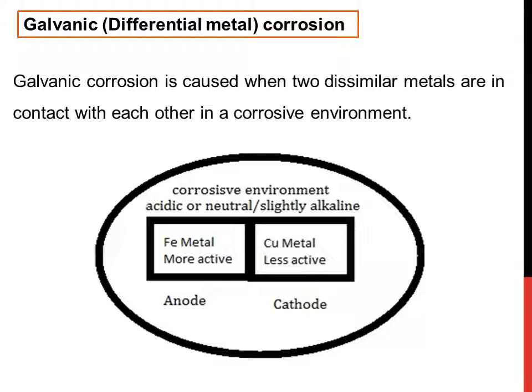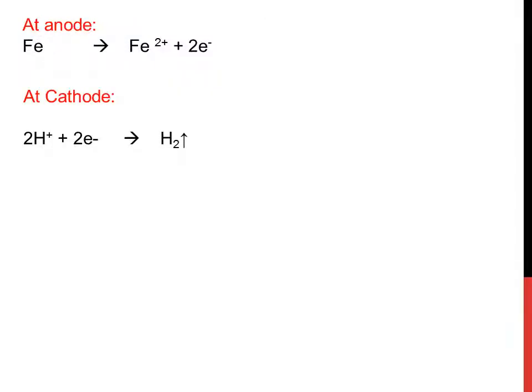How can you represent the corrosion reaction during the galvanic corrosion process? Here you can see the example I explained, iron and copper, where iron acts as the anode and copper acts as the cathode. Now let us see how the reaction can be written at the anode and cathode. At the anode, oxidation always takes place, with the formation of Fe2+ ion and the liberation of electrons.